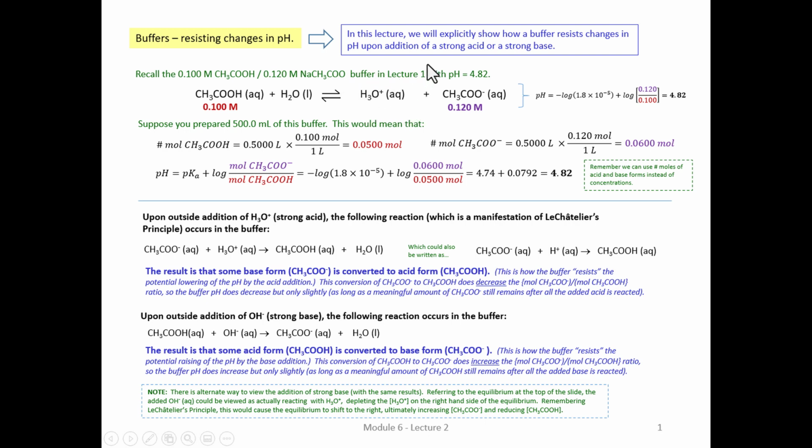So suppose the outside hydroxide attacks this hydronium ion and turns it into water. Well, what's going to happen then is, by Le Chatelier's principle, this equilibrium will shift to the right, resulting in a decreased amount of acid form and an increased amount of base form, which is exactly what we predicted when we looked at the reaction of hydroxide directly with the acid form, acetic acid.